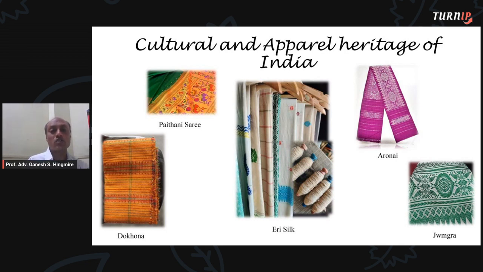Likewise, I also worked on the Aronai from Assam, Jimra, and also Dokona. This is another tradition and culture they have in Assam. If you go there, they will welcome you with this Dokona or Aronai. So it's a welcoming vastra, you can say. They have cultures, and these are again from the indigenous community.